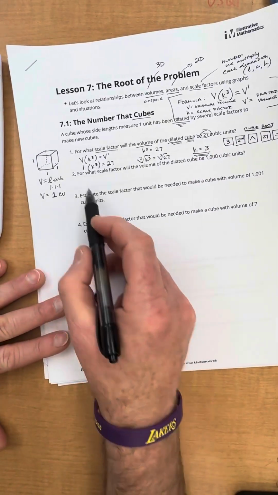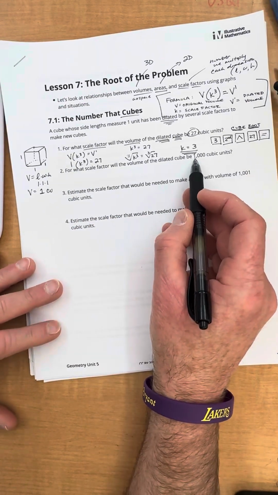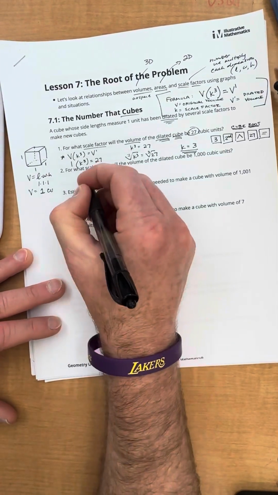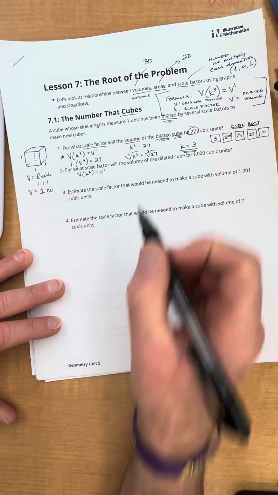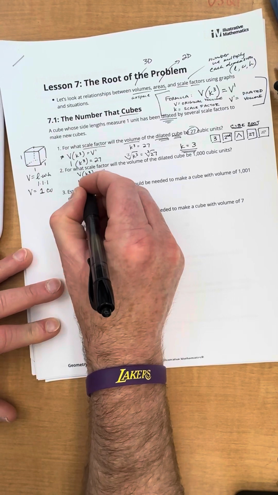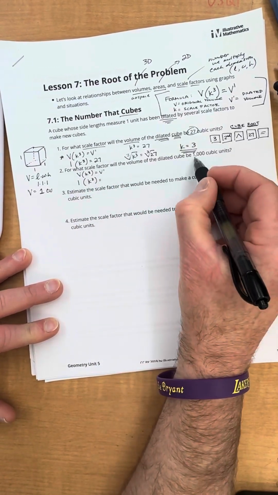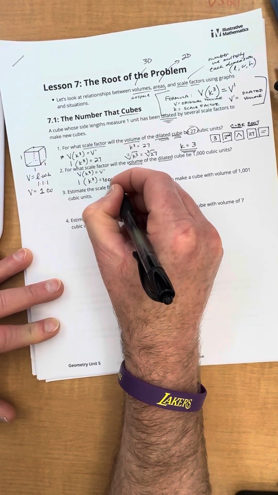All right. For what scale factor will the volume be 1,000? Same thing, you just use this right here. So V K cubed equals V prime. Here's V, 1. Don't know what K is yet, but you do know the new dilated volume is 1,000.